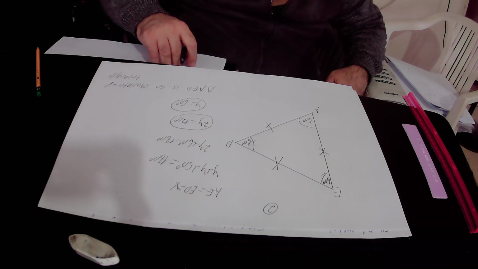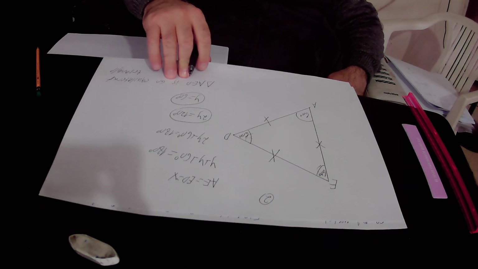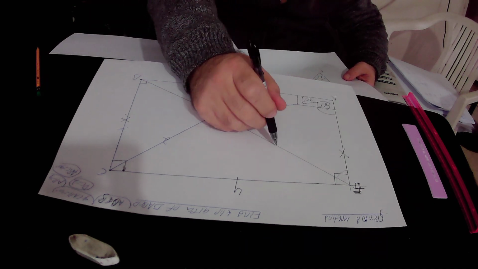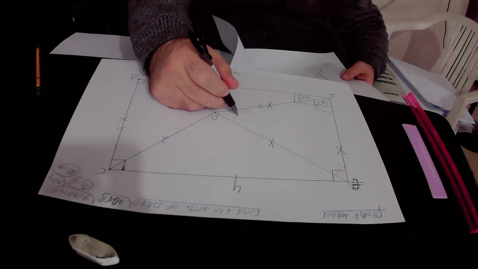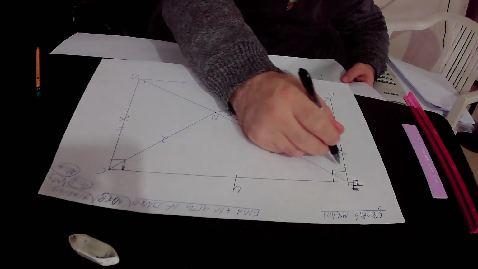So in the original drawing, you can also write down that ED equals x, this angle equals 60 degrees, and this angle will also be equal to 60 degrees.